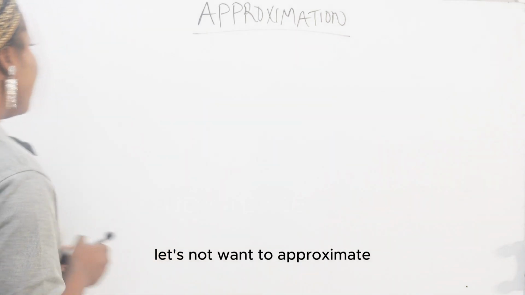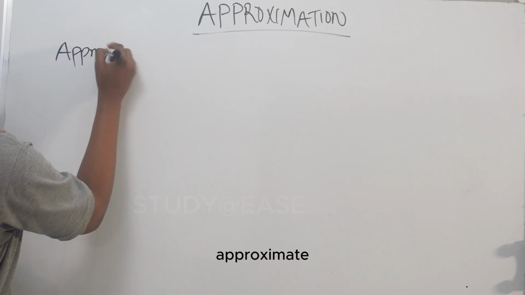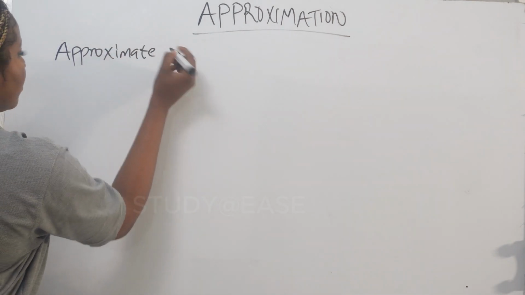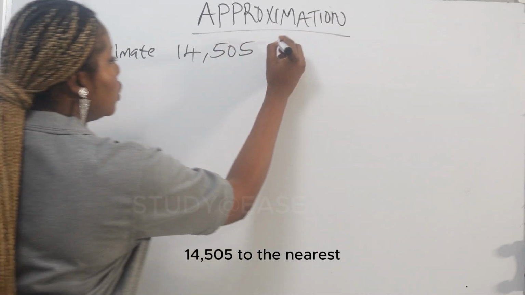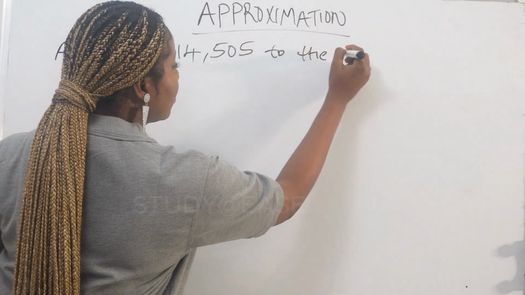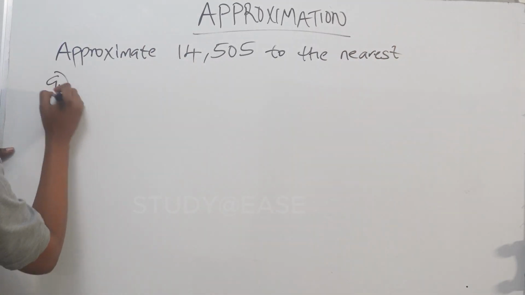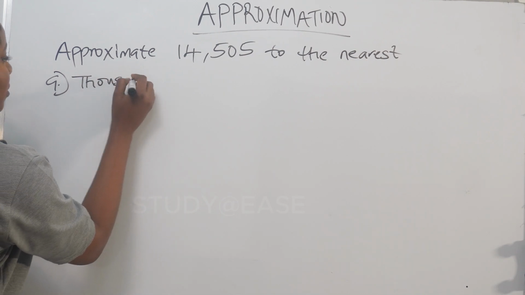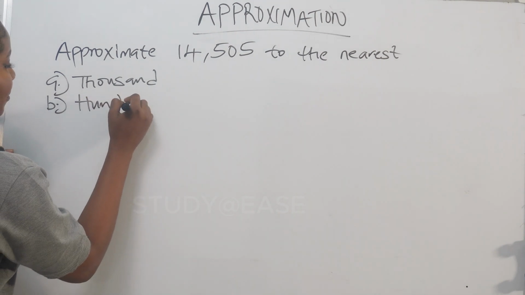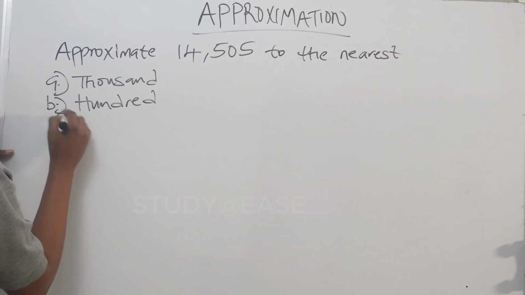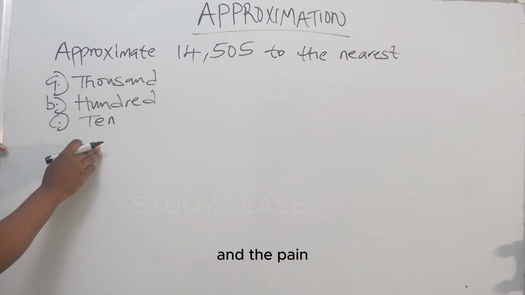Let's say we want to approximate 14,505 to the nearest thousand, hundred, and 10.